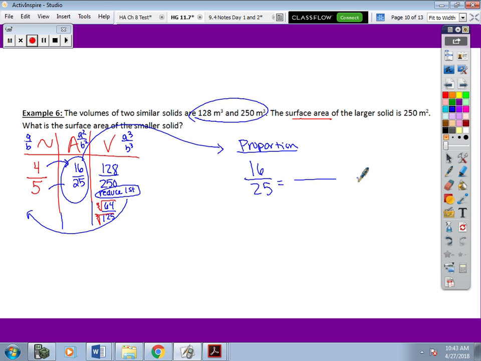They give us the surface area of the larger solid is 250. Will that go in the numerator or the denominator? The denominator. The bigger numbers down here. Our variable would go up here. Now some of you will notice that it's just 25 times 10 is 250, so 16 times 10 is 160. But if you don't, you just cross multiply like you normally would.